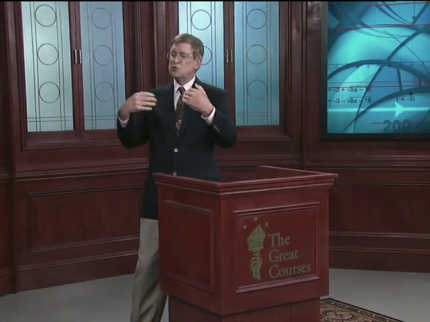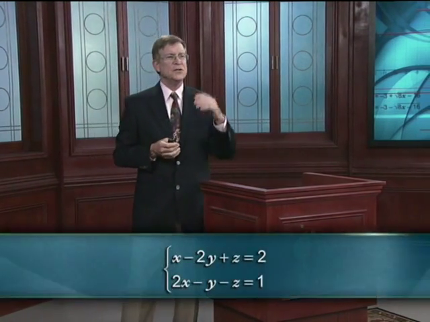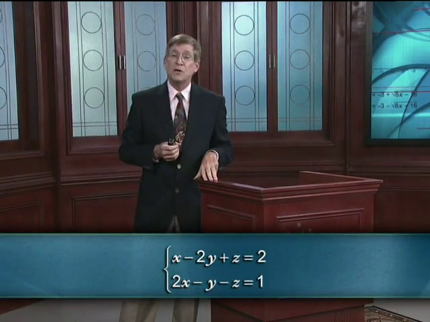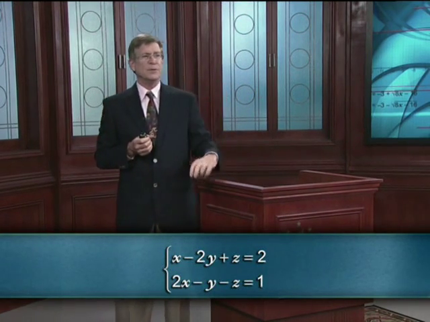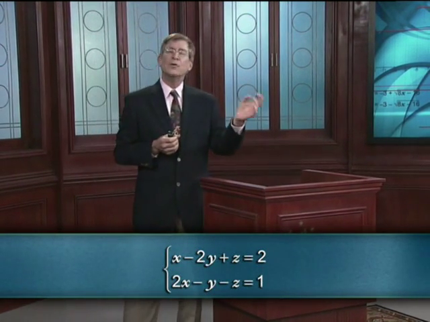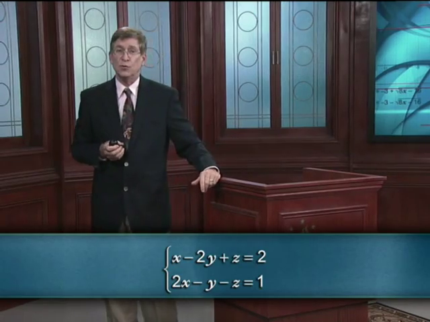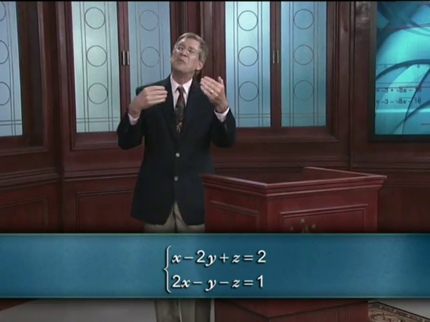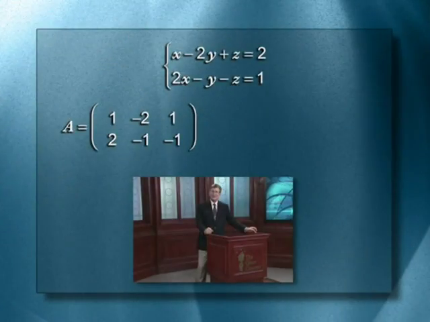All right, let's use these matrices as a tool in expressing linear systems, writing linear systems in a more convenient way. And again, I'll show you an example, but it illustrates the idea. Here's a system of two equations, three unknowns. X minus 2y plus z equals 2, 2x minus y minus z equals 1. So here's another way of writing that system.